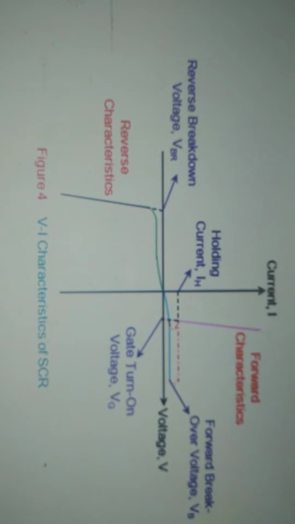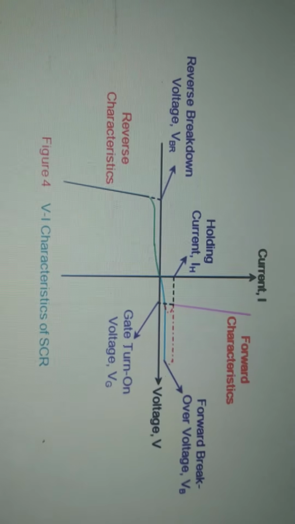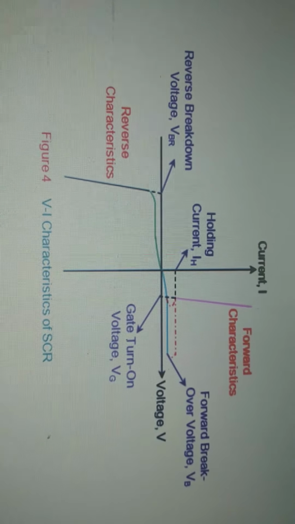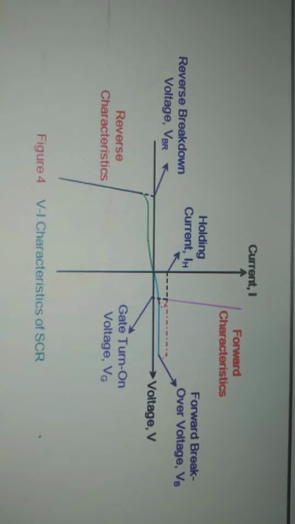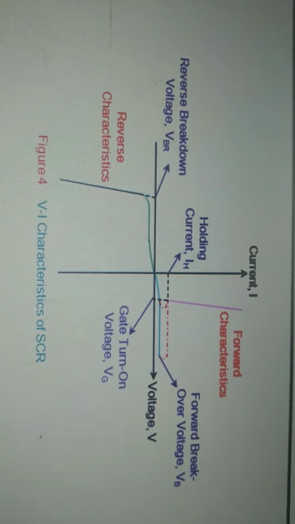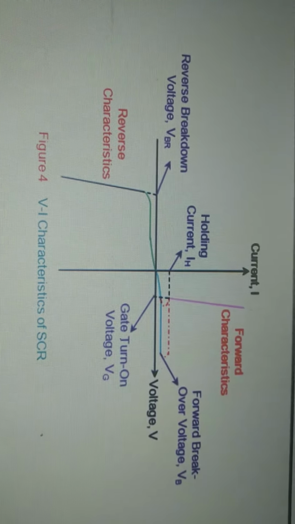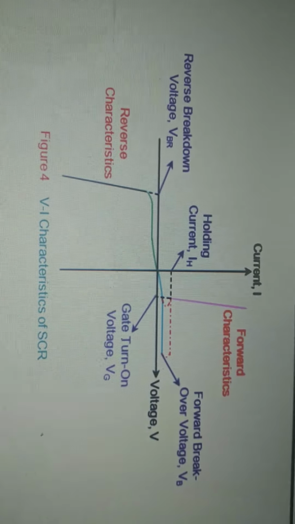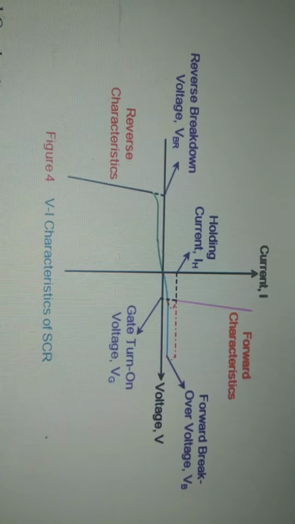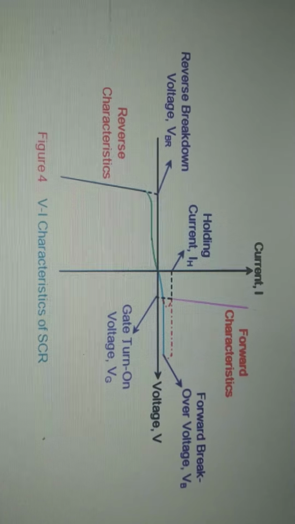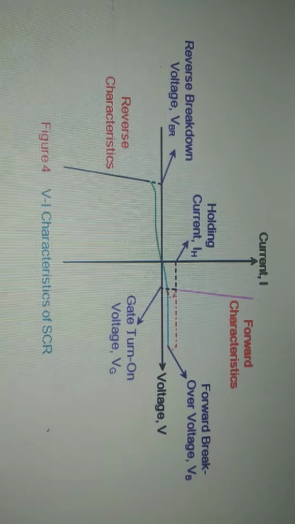But here is one more advantage: because this SCR has a controlling terminal, we can apply one more voltage across the gate and cathode, so we do not need to increase the forward voltage across anode and cathode.